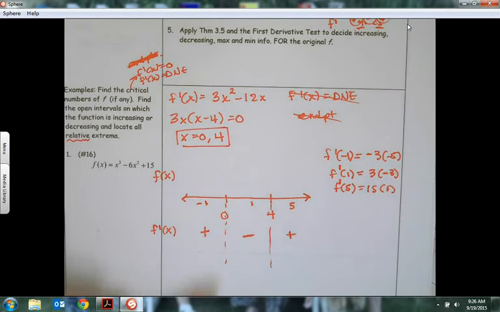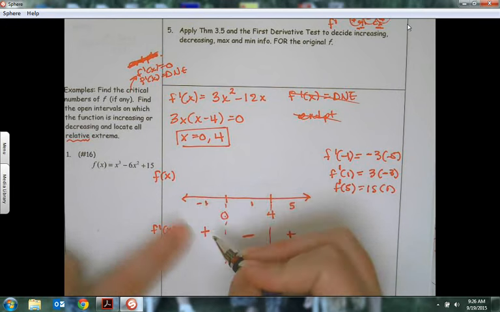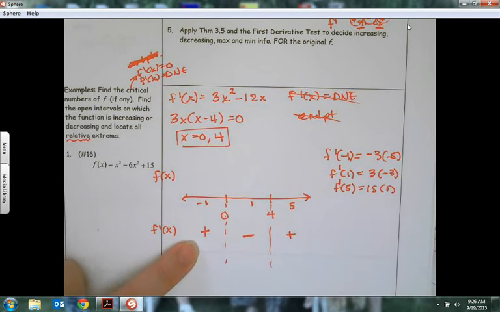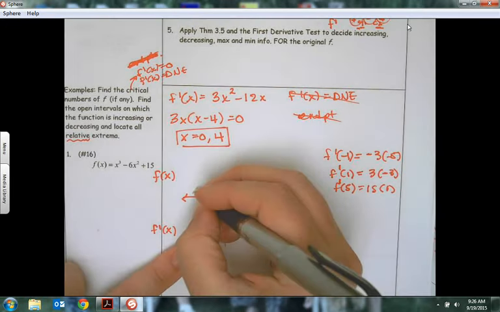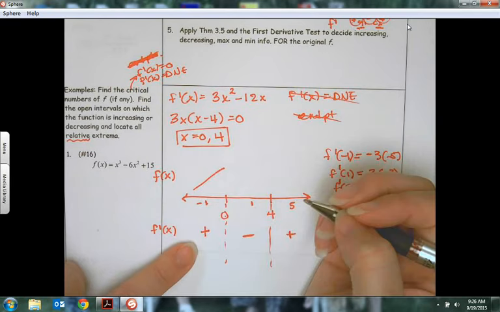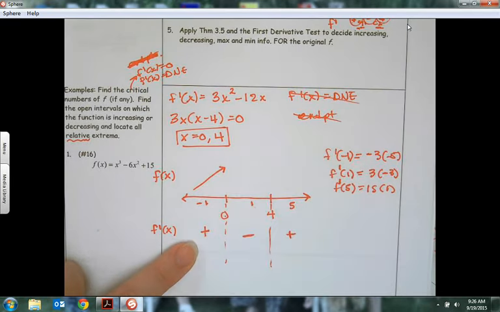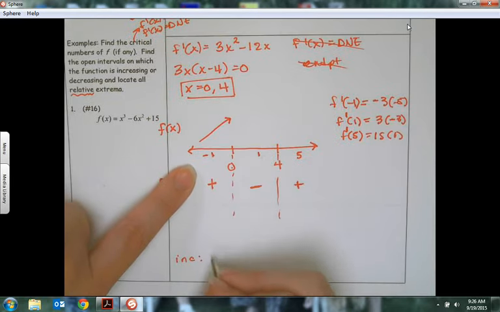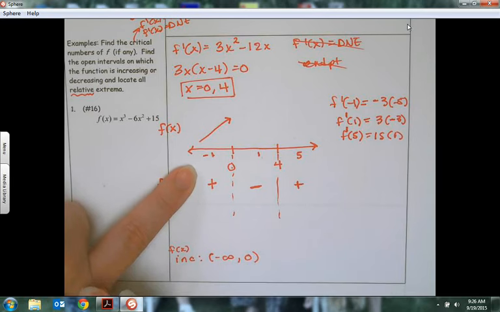So now I'm going to say, well, if f prime is positive, all the slopes are going up. So I know that I am increasing from -infinity to 0. So f of x is increasing from -infinity all the way until 0.